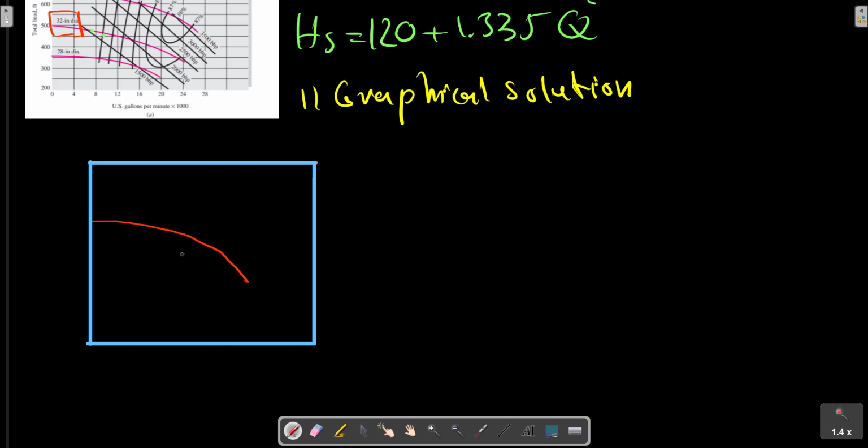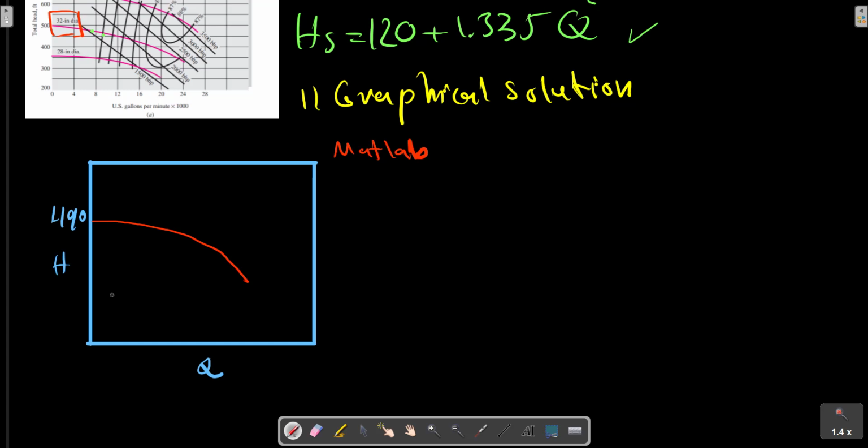We can obtain the point data from this diagram and plot it in some software, for example, MATLAB or other software, with the 0 point for Q; this is Q and H. We have also a relation here.